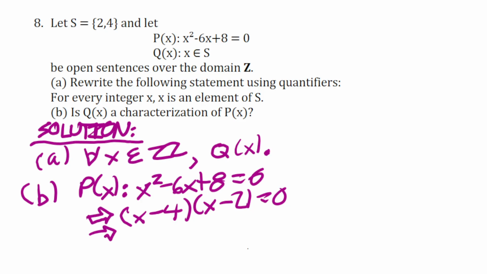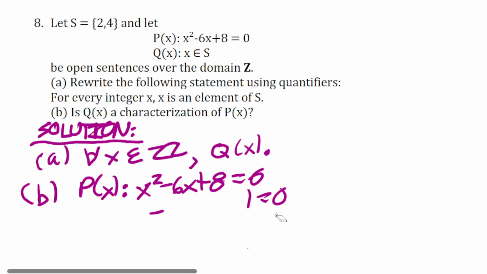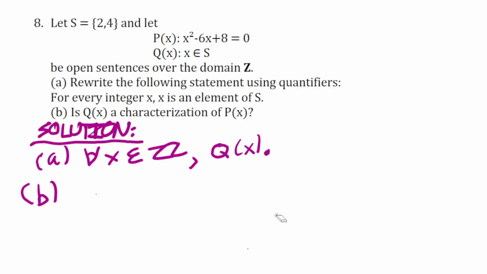And that gives us x equals 4 and x equals 2. Well, that's the same as Q of x, where x is an element of S, and S has the elements 4 and 2. So we don't have to write out a truth table, we can just logically deduce this.